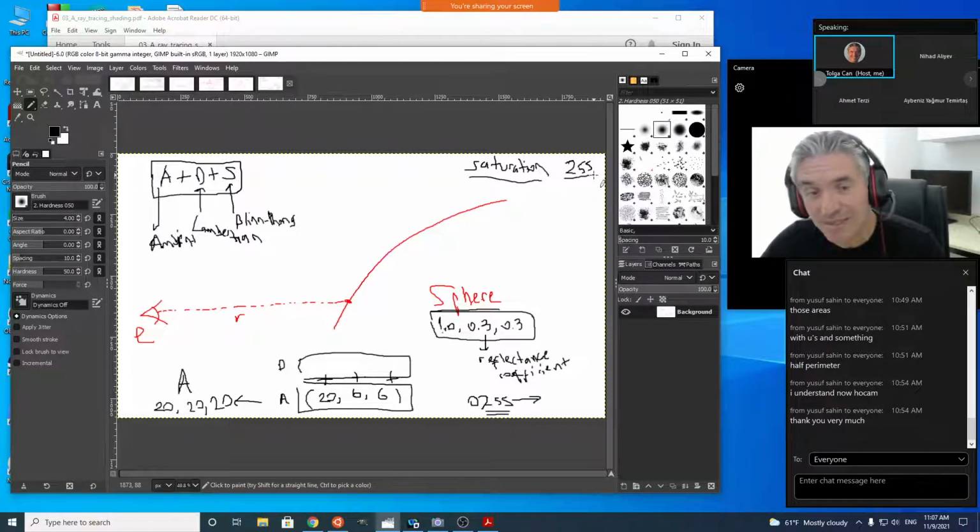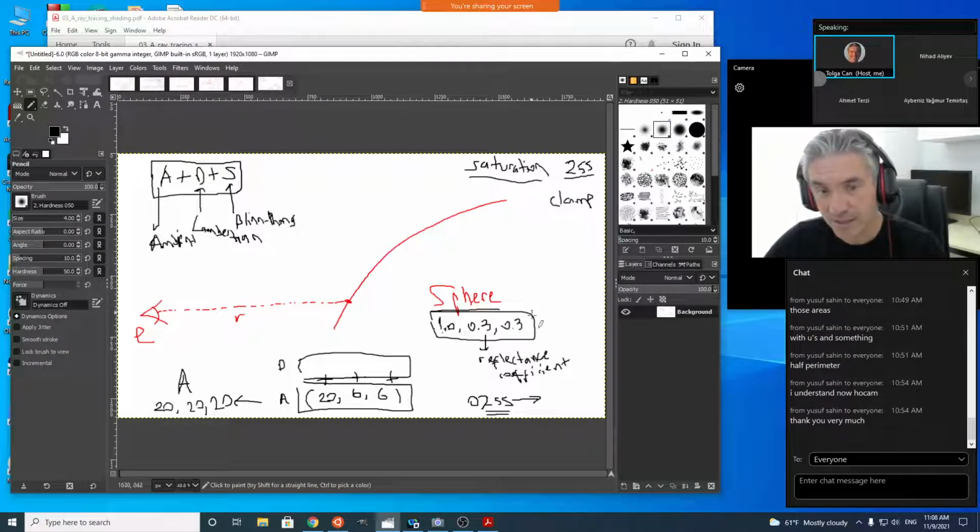This is the brightest white or brightest red you will be able to get. This is sometimes called clamping. We are going to cut any values above this value to 255.